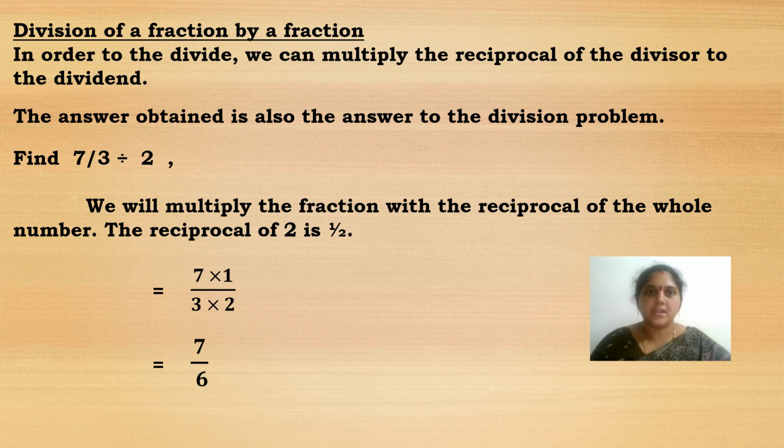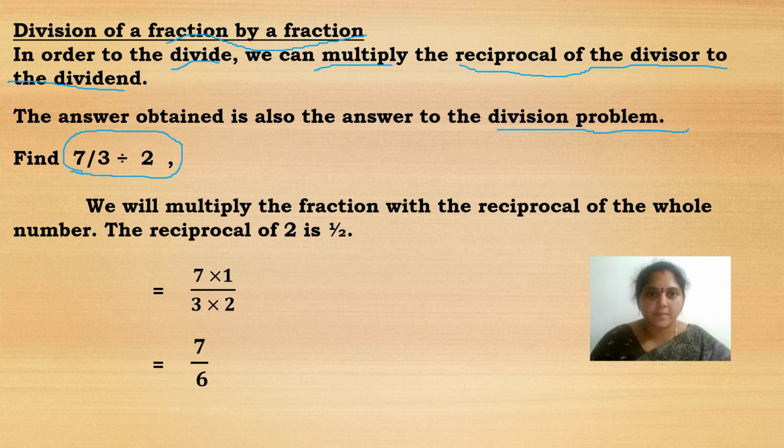Children, now we will see division of a fraction by a fraction. In order to divide, we can multiply the reciprocal of the divisor to the dividend. The answer obtained is also the answer to the division problem. Now, what is the fraction number here? 2 by 3 divided by 2.